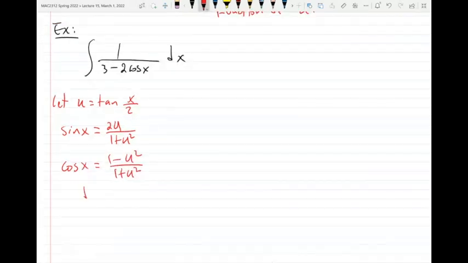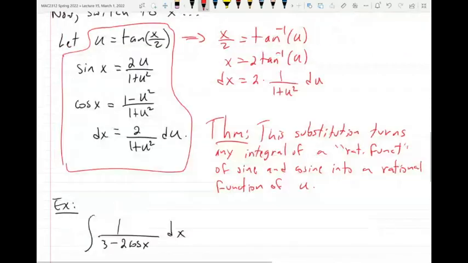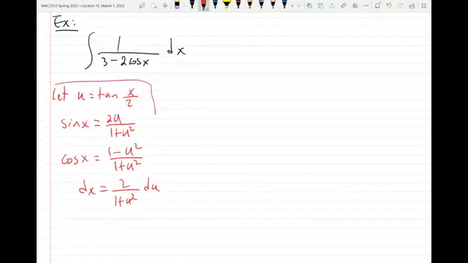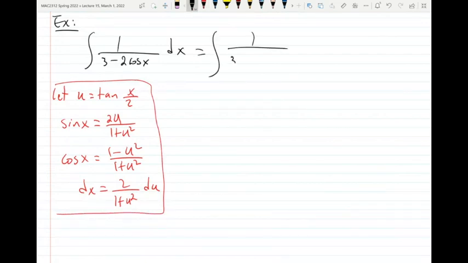We already did the derivation, so we don't need to do it again. And then we have the dx. That's a theorem now. So you go to your integral and replace: it's 1 over 3 minus 2 times the cosine, which is 1 minus u squared over 1 plus u squared, and the dx is 2 over 1 plus u squared du.